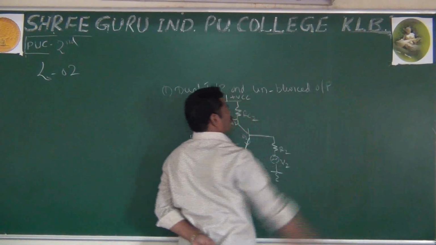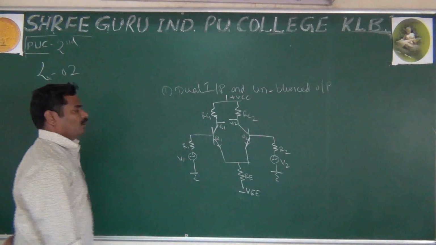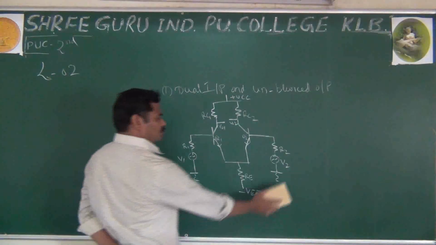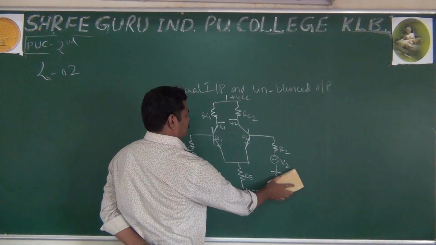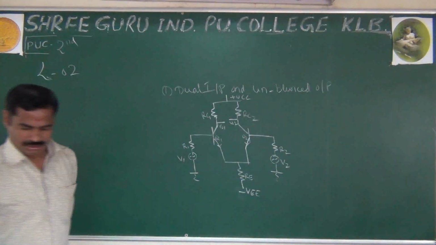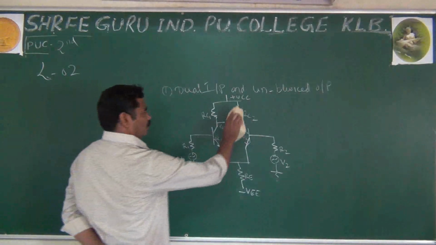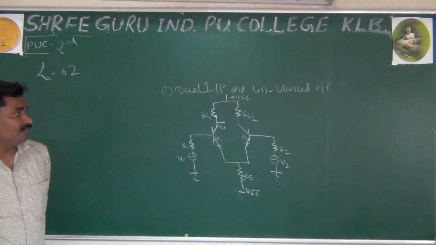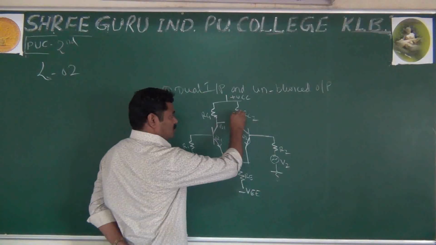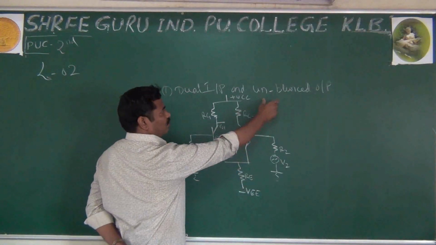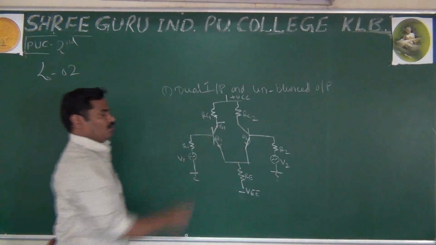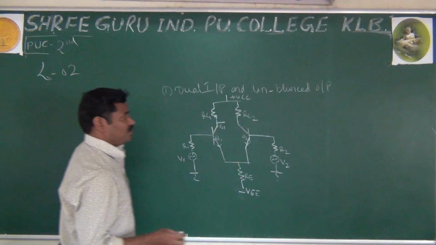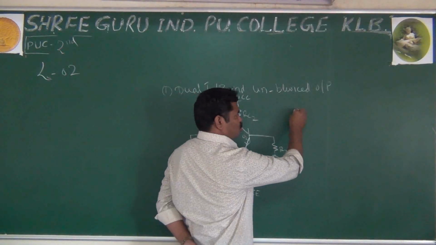Only one thing changes: I will consider only one output. Or you can write that it is unbalanced, you are measuring only one output. Or you can also mention it by the symbol.